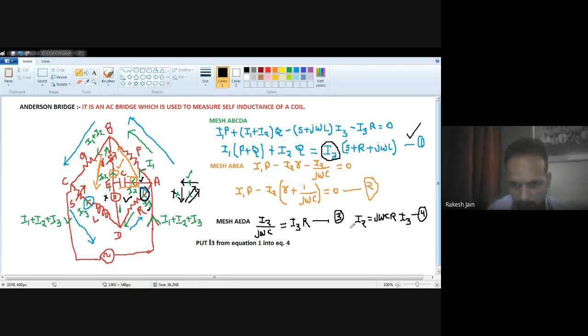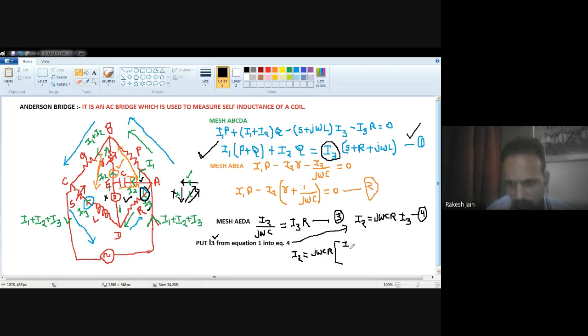So I2 is equal to, I find equation number 4. I have to put from equation number 1, so I2 is equal to j omega C R as it is. I have to put only the value of I3 from equation number 1. So on the right hand side I3 multiplied by S plus R plus j omega L, and on the left hand side all things are common.